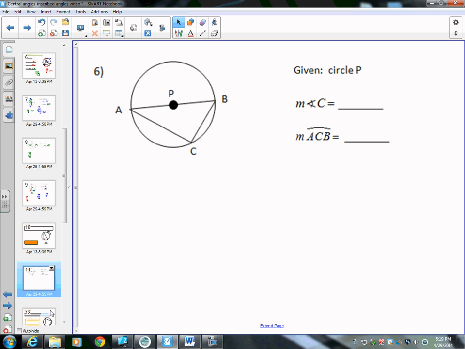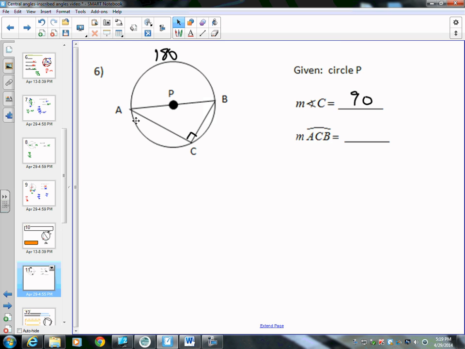So let's see an example of this. This one's one of our homework questions, number 6. If we notice, from A all the way around to B, this is a semicircle, meaning 180 degrees. Well, this inscribed angle includes this arc, 180 degrees, so you divide the arc by 2, so 180 divided by 2 is 90, so angle C is 90 degrees.